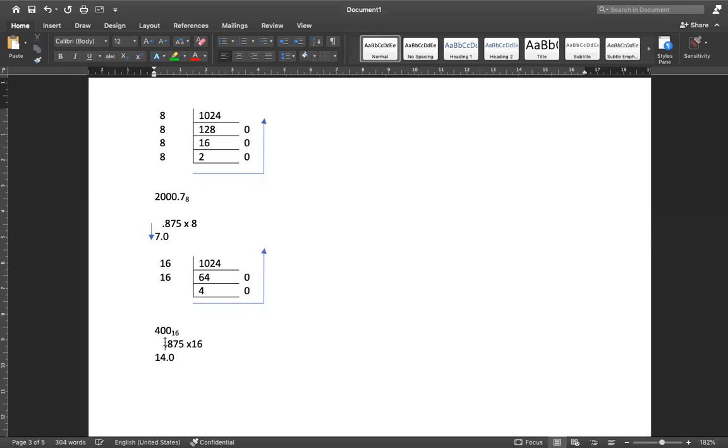Since it is 0, you take from top to bottom and stop. 14 has a value. If it is 15, it is F. Since 14 is E, it is 400.E. Now, is it easy or difficult?